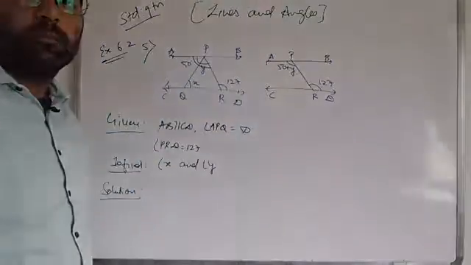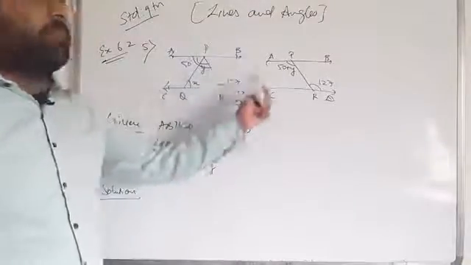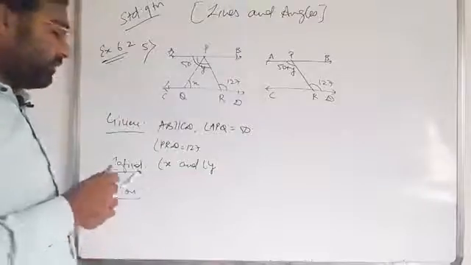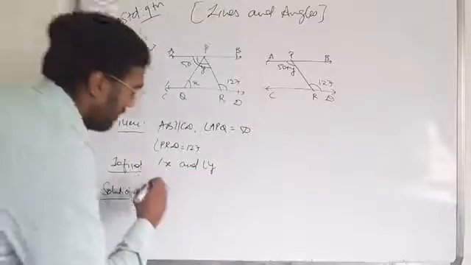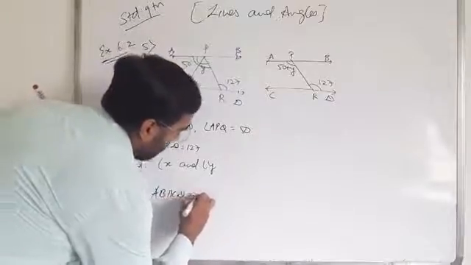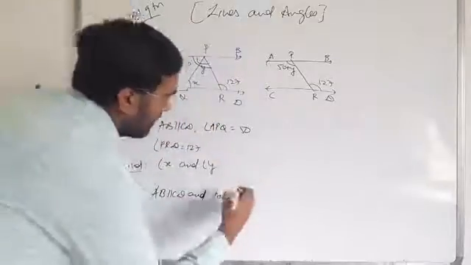So for that we take AB parallel to CD and PR as a transversal.